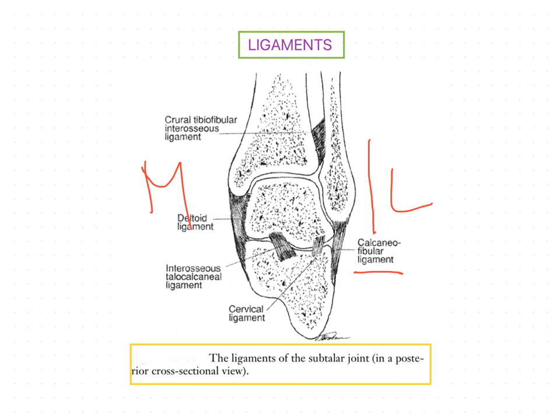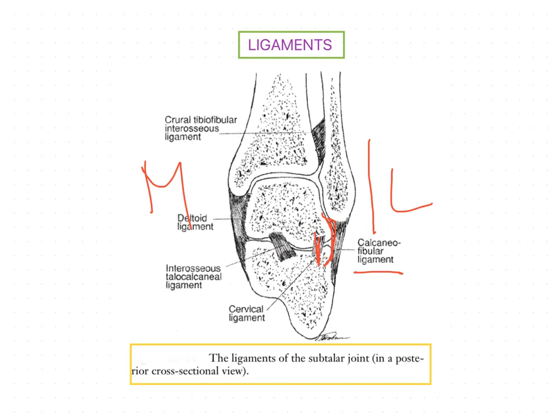The lateral talocalcaneal means the talus and the calcaneum are going to have a support called talocalcaneal. And then the cervical ligament and the interosseous talocalcaneal ligament.